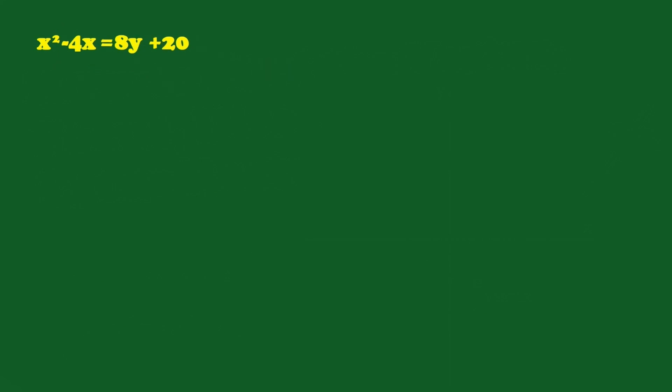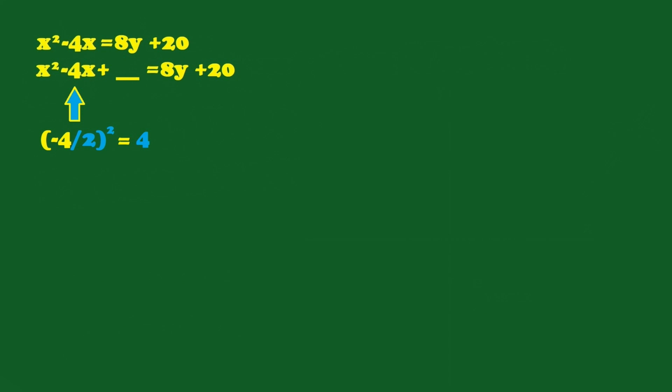We now have x squared minus 4x equal to 8y plus 20. Next, we complete the perfect square trinomial by adding a third term. So, how do we calculate the third term? To get its value, we divide the middle term numerical coefficient by 2, and then square it.